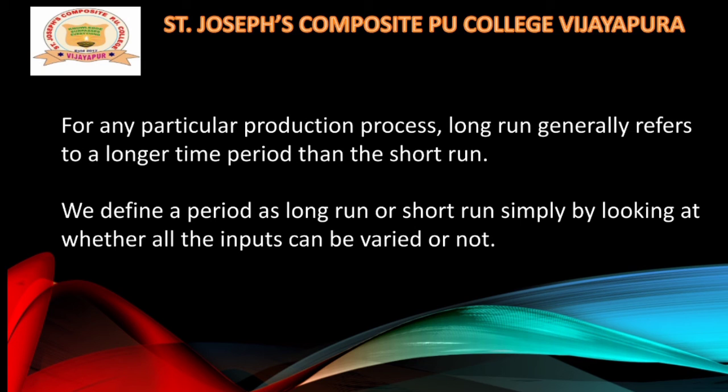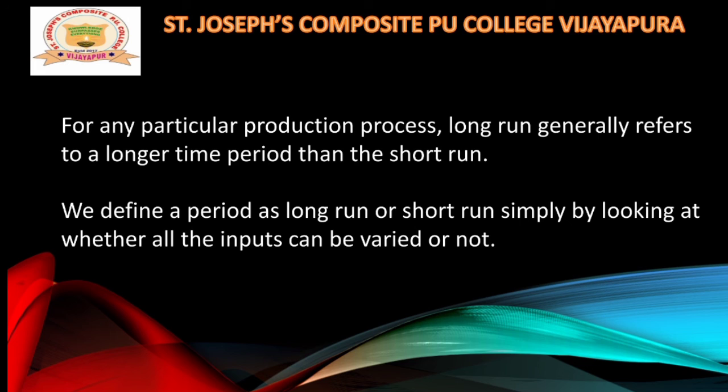Also, there are 2 laws which we can apply in the short run period as well as the long run period of time. The law of variable proportion, which belongs to short run production theory, and the law of returns to scale, which determines the long run production theory.